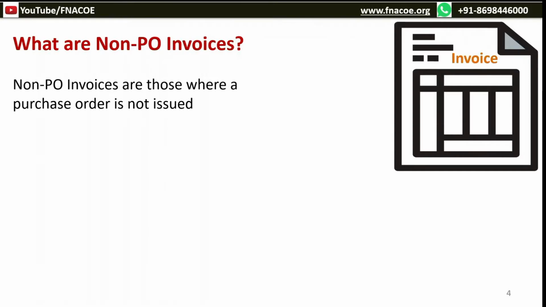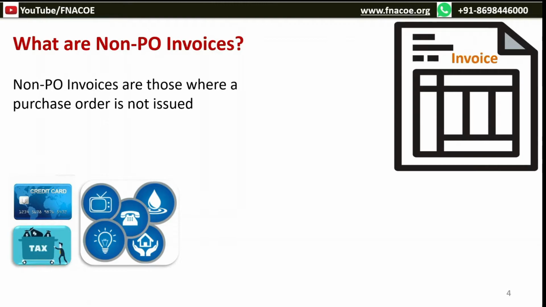Let's now get into more details around non-PO invoices. Indicative reasons for not having a PO are that there are certain expenses where the amount due is not known until the billing is generated. These are primarily utility based invoices or service based invoices. These bill statements are considered non-PO invoices.